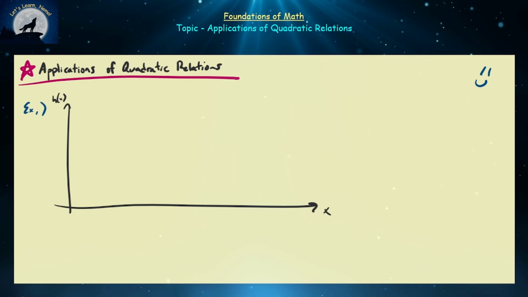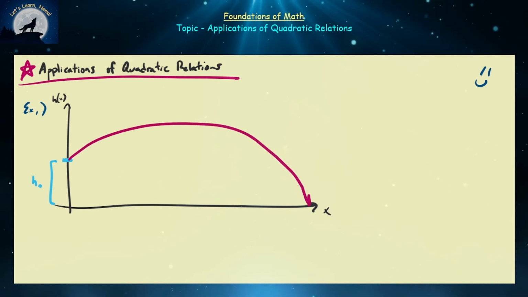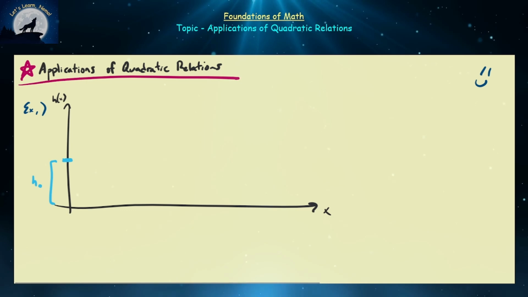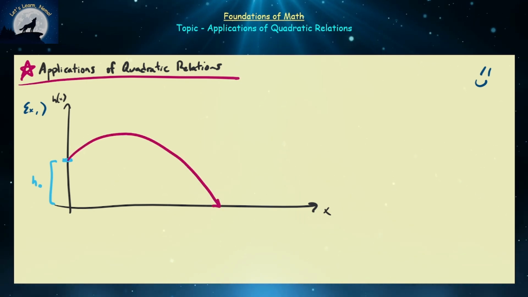Let's assume that we have a position here, so we can, for example, call this h0, corresponding to the initial height, and let's assume that we project some object from this particular point, and then this is going to eventually fall. So under certain physical conditions, the path that this projectile will make will follow a parabolic path.